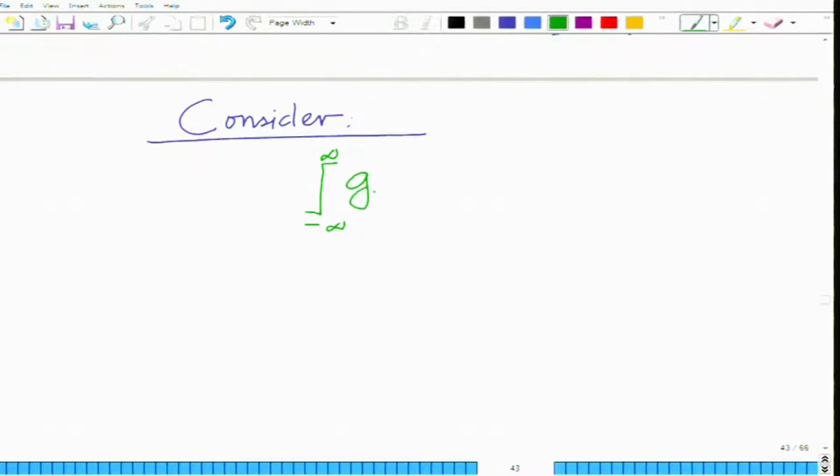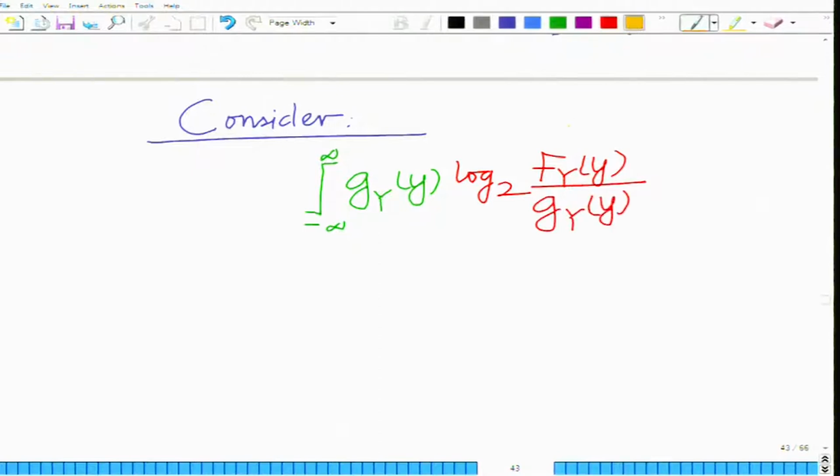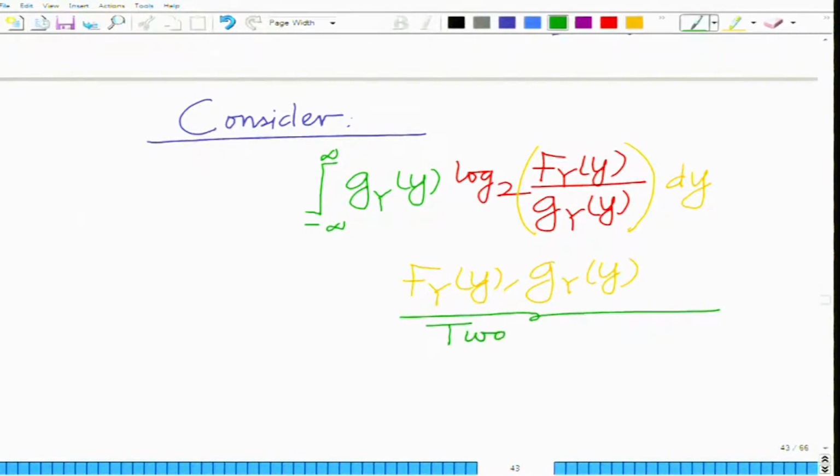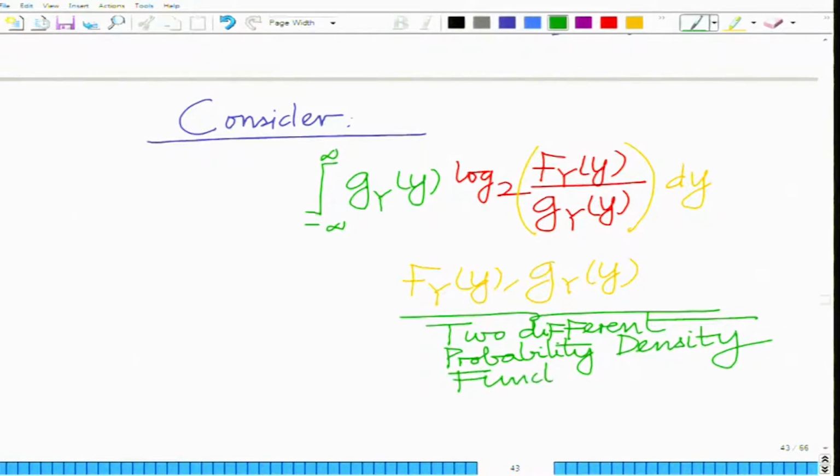It is defined as the integral of g_Y(y) log to the base 2 of f_Y(y) divided by g_Y(y) dy, where f_Y(y) and g_Y(y) are two different probability density functions for the random variable y.